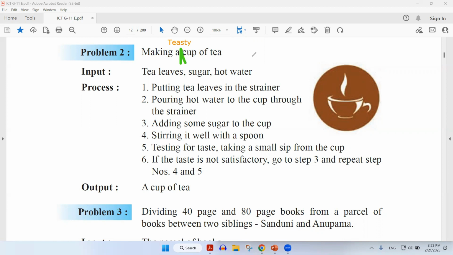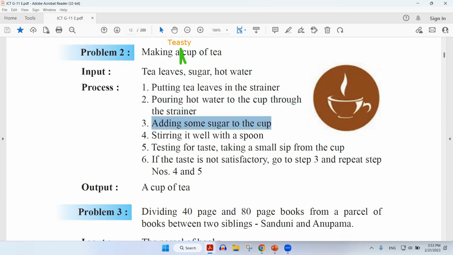To make the tea, the inputs that we need are the tea leaves, the sugar, and the hot water. In the scenario, they have explained it to you: put the tea leaves in the strainer, pour hot water into the cup through the strainer, and that will make the tea without the sugar.